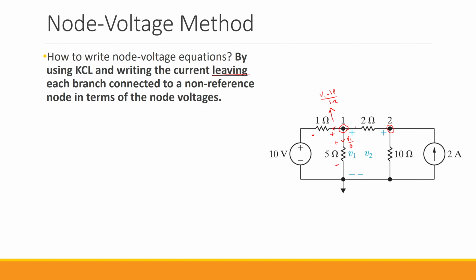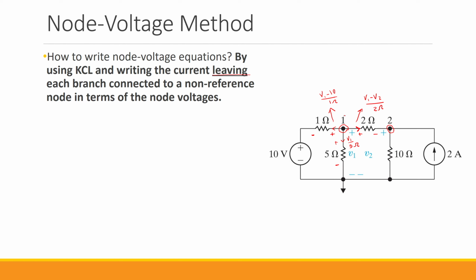What about the current that leaves node 1 and goes through this 2 ohm? Again, for this element, following the passive sign convention, the positive sign and negative sign for the voltage polarity will be in this configuration. So what is the current? It is going to be V1 minus V2 over 2 ohms.